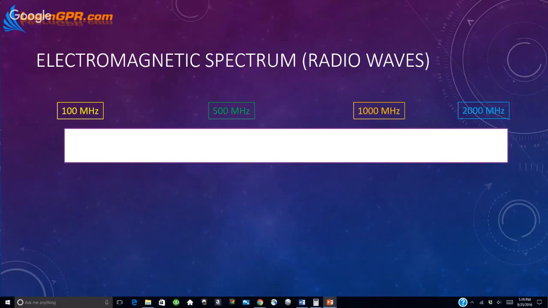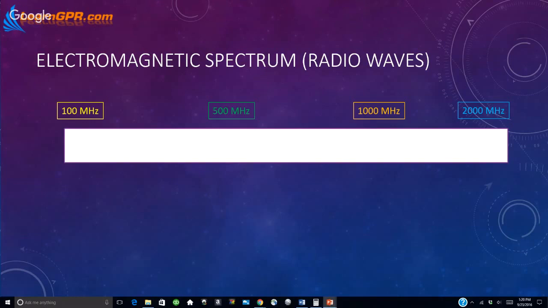You do get GPR antennas below 100, even down to 15 or 12.5 megahertz, which are very low frequency, and up to 2600 megahertz, which is a very high frequency. The lower frequencies, like the purple wave, have longer wavelengths. The higher frequencies, like 2000 megahertz, have shorter wavelengths. Higher frequencies equal shorter wavelengths.